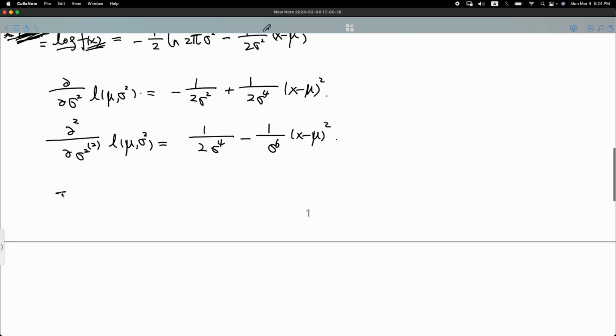And we also need to evaluate the expectation for that. And that is just the definition for the Fisher information matrix. Well, we're only talking about the sigma square for now. Any question or comments for up to this point?